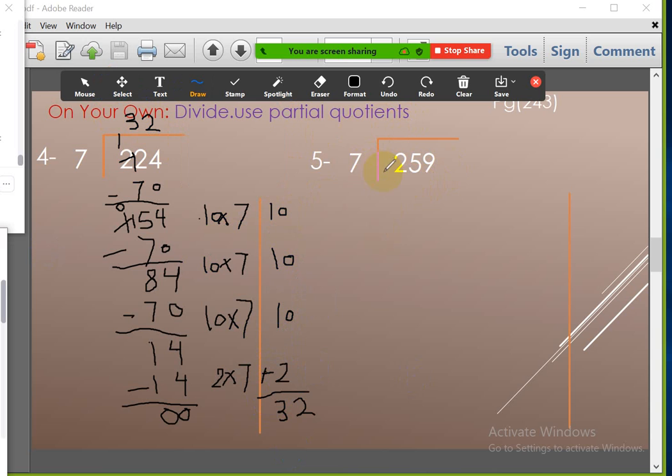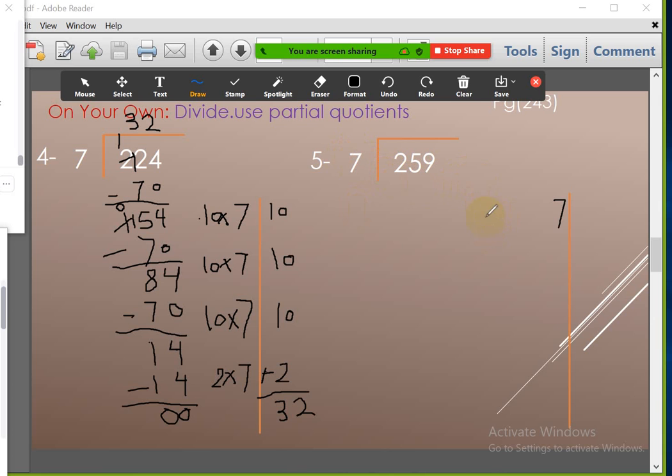Now I want to divide 259 by 7. So let's choose a girl. Yes, Rinad, open your mic. I want to take the divisor, multiply it with a number, and then subtract from the dividend.